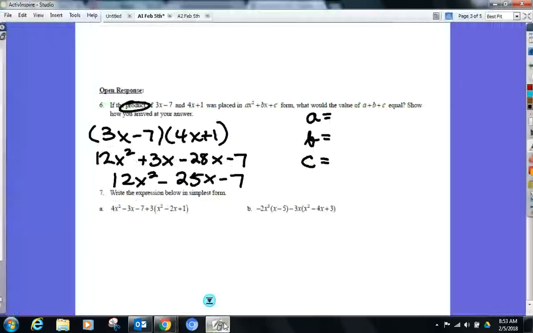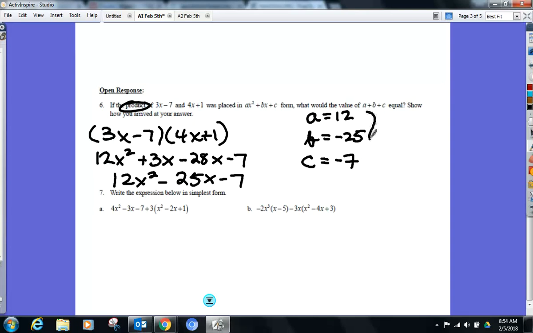Let's do this. What's my a value? 12. Got a b value? Well, the sign goes with it. Negative 25. Good. And then your c value. There you go. Everyone all right there? Little something new there, but I think you can handle it. And then what does it want us to do? Add them all up.